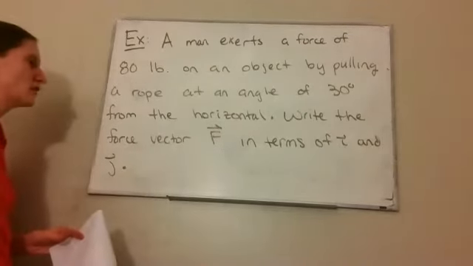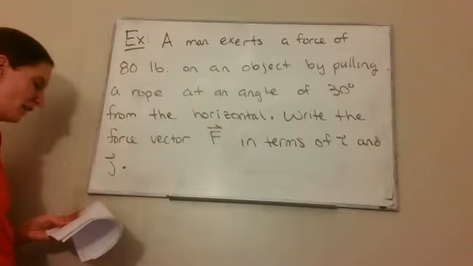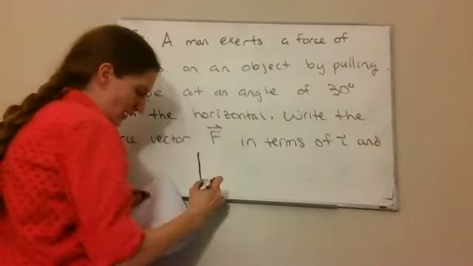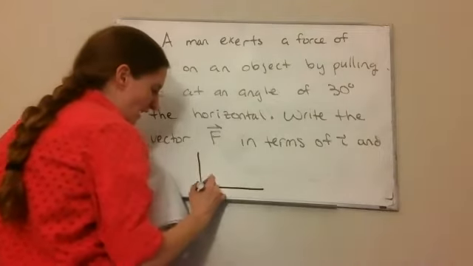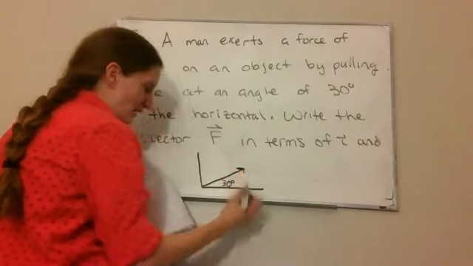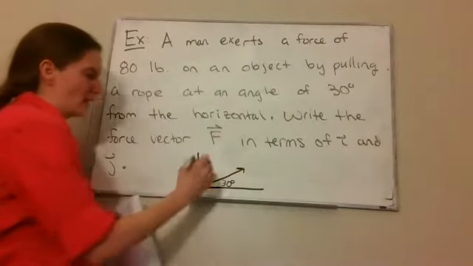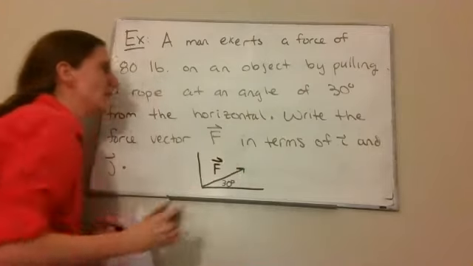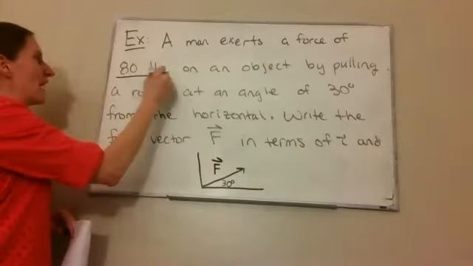All right, so I want to write my force vector F. So first thing I'm going to do, let me just draw a quick little picture giving us an idea of what's going on. I have an angle of 30 degrees. We're pulling the rope at that angle, and my force vector is going in that direction. Now, I know my force is 80 pounds.